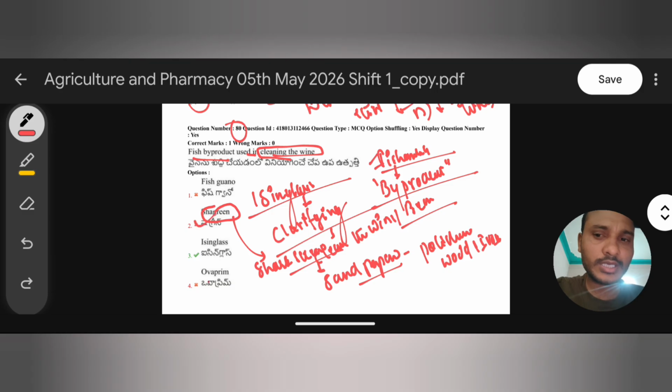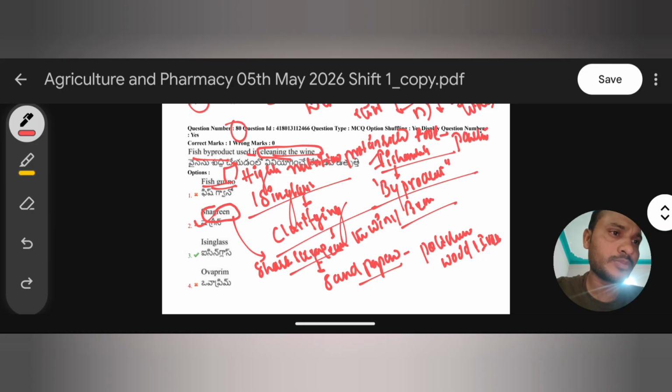And one more important one is fish guano, a highly nutritious, protein-rich food for poultry only. So we have various fish byproducts, but in this context the fish byproduct used in cleaning wine is isinglass, used as a clarifying agent to clean wine and beer. So the right answer is the third one.